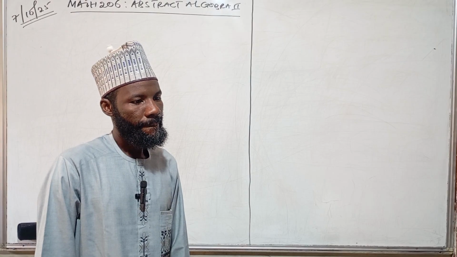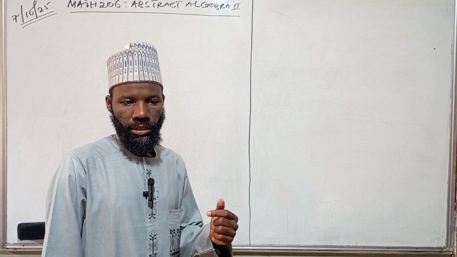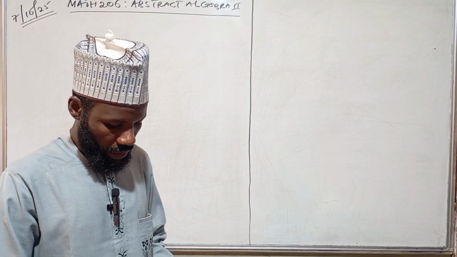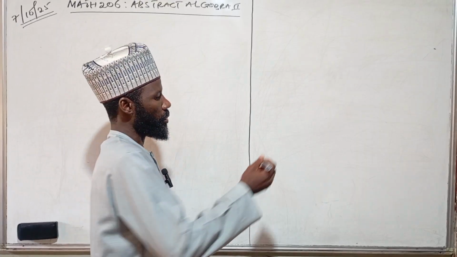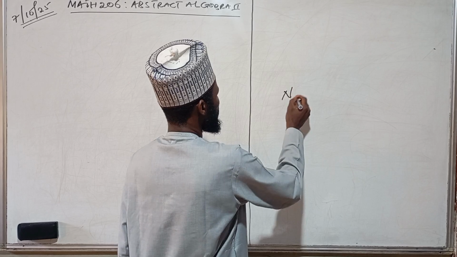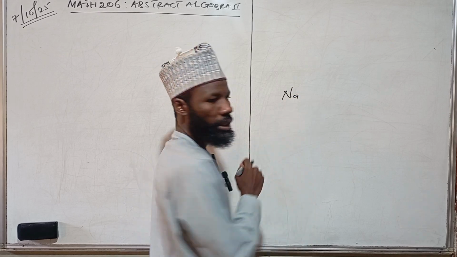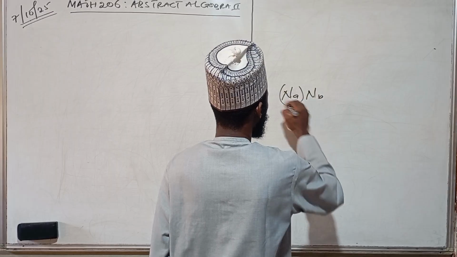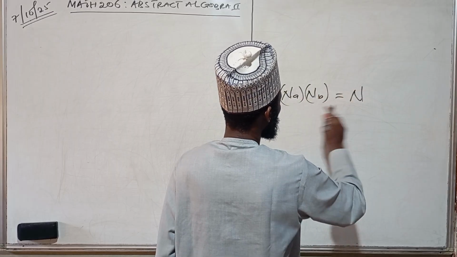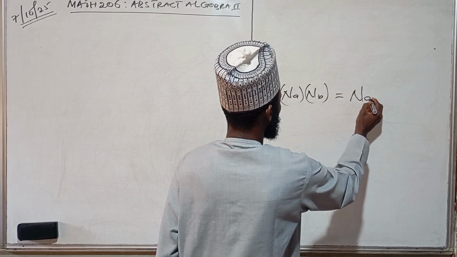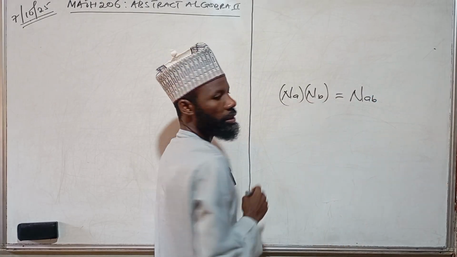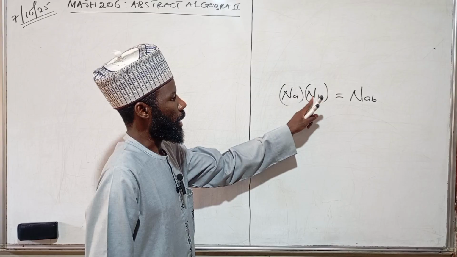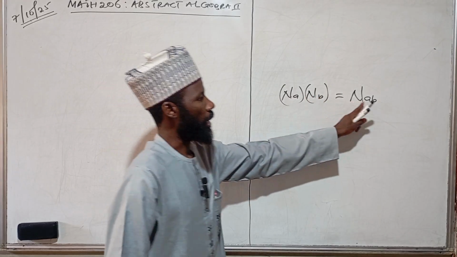One of the things we did in the last part of our discussion is to look at the concept of multiplying cosets. You remember we said given two cosets, Na and Nb, you can multiply them together to get a new coset, and the new coset you arrive at will be the coset generated by the product of a and b, that is, Nab.